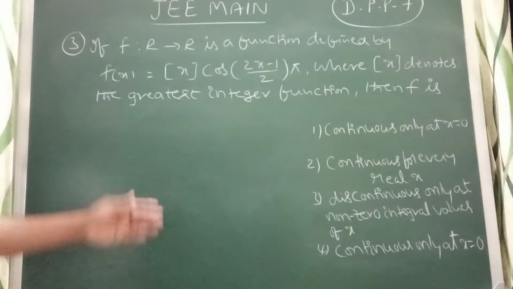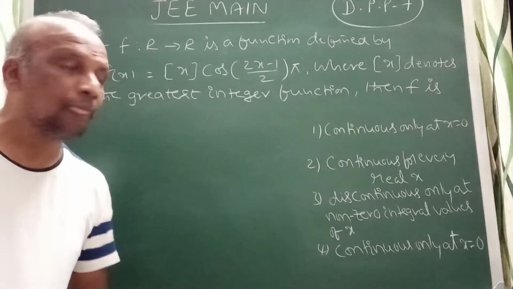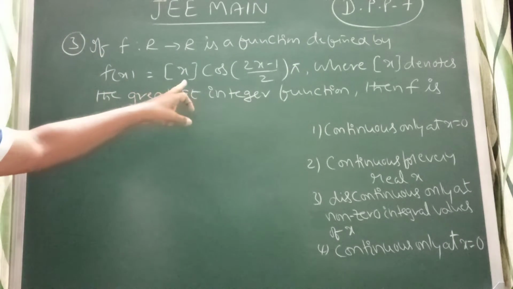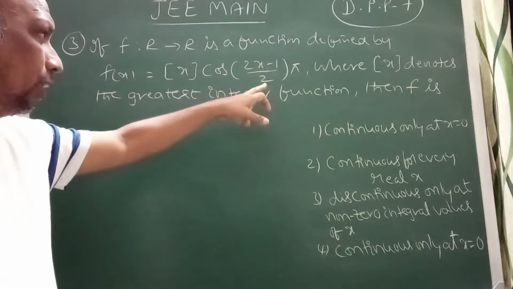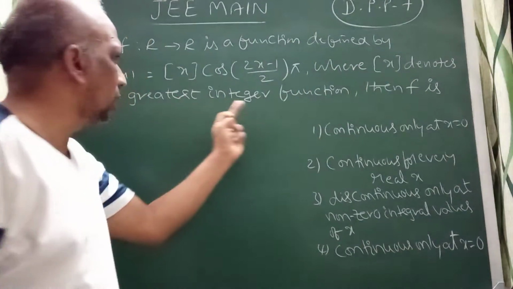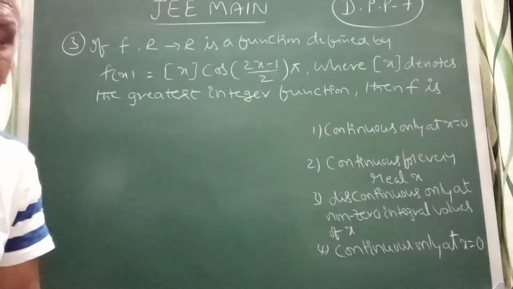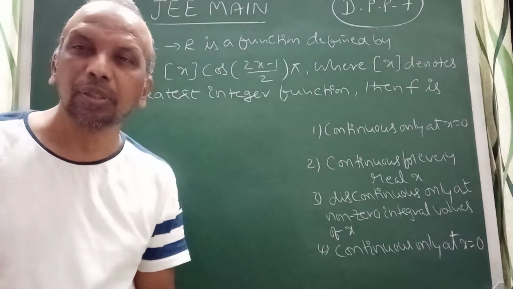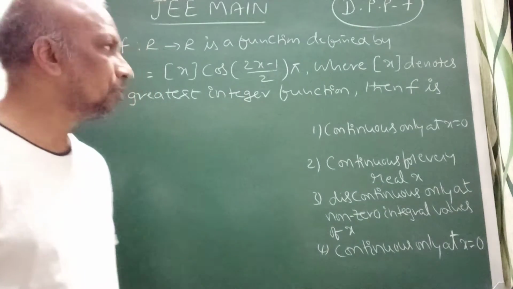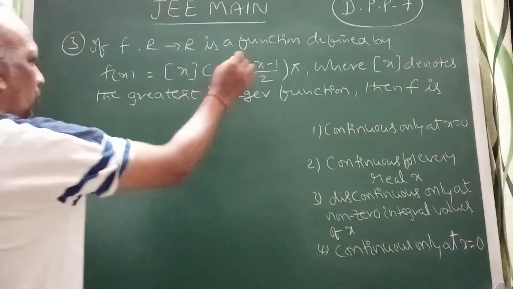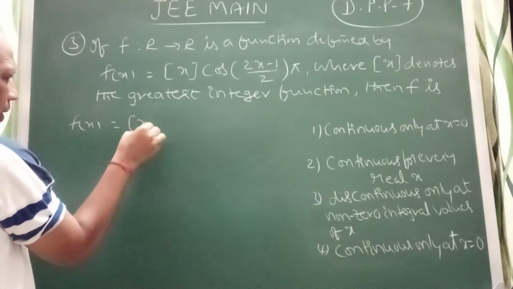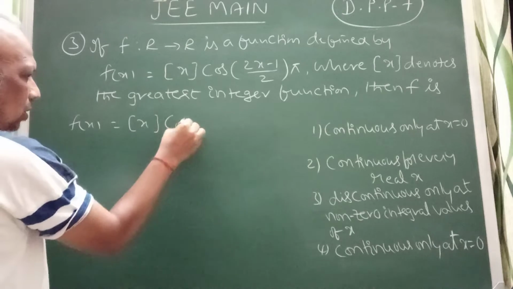See, in this problem, f from R to R is a function defined by f of x equal to step x cos of (2x minus 1) by 2 pi, where step x denotes the greatest integer function. Then f is... All four options are given, asking about continuous or discontinuous. You can see here this function, I can write f of x equal to step x cos of this one.